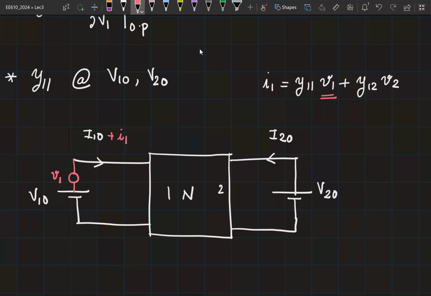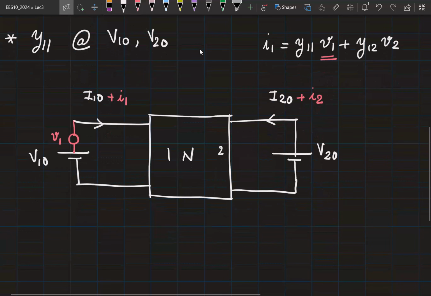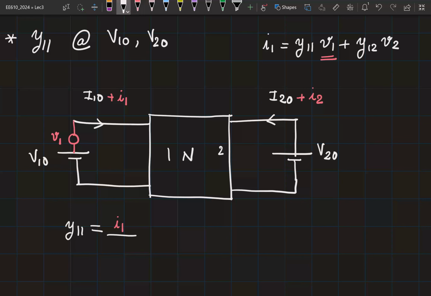I2 is a function of V1 also, right? So you will see some small i2 here. Okay. So now what is Y11? Whatever is the small i1 you get here divided by this v1.